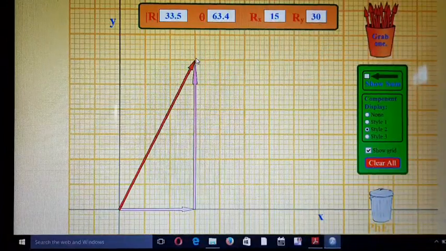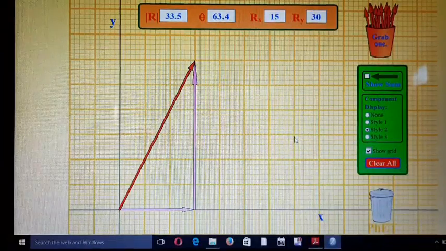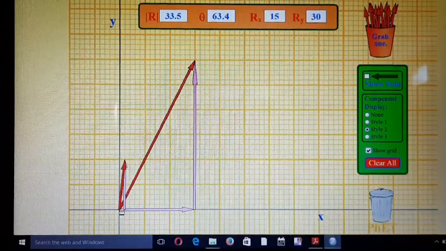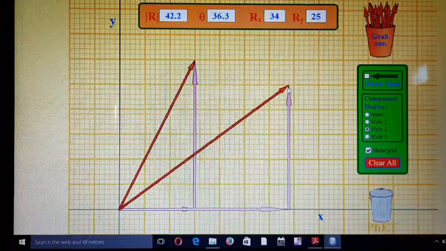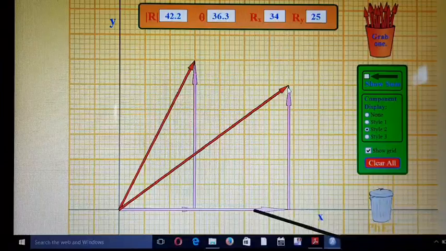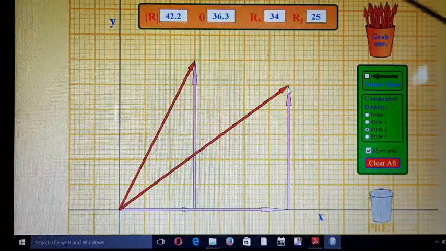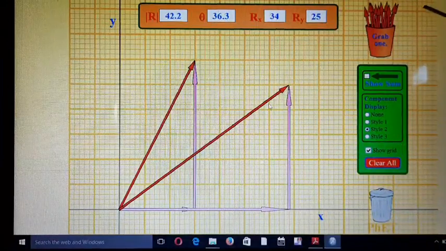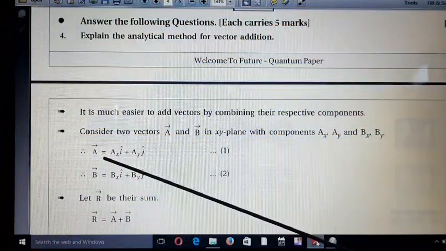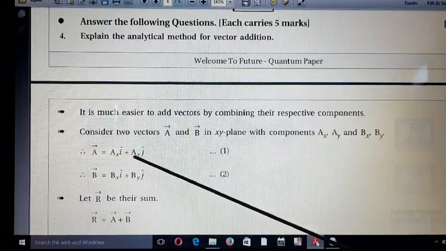So now we have two vectors, A and B. Suppose this is vector A, and now we take another vector, vector B. This is the x component of vector B and this is the y component of vector B. Its equation is, look here, vector A is equal to ax i caret, where i is a unit vector, plus ay j caret.